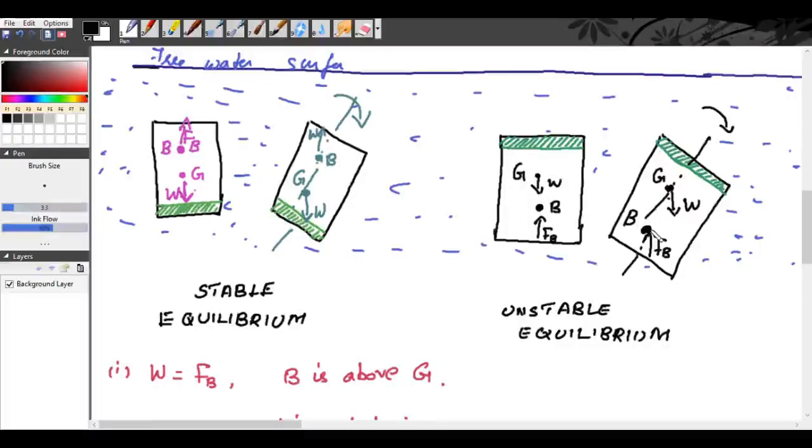So when a slight displacement is given to the body in the clockwise direction, it makes a couple due to this W and FB. That's why this FB also acts in the clockwise direction. Thus, the body does not return to its original position and hence the body is in unstable equilibrium.